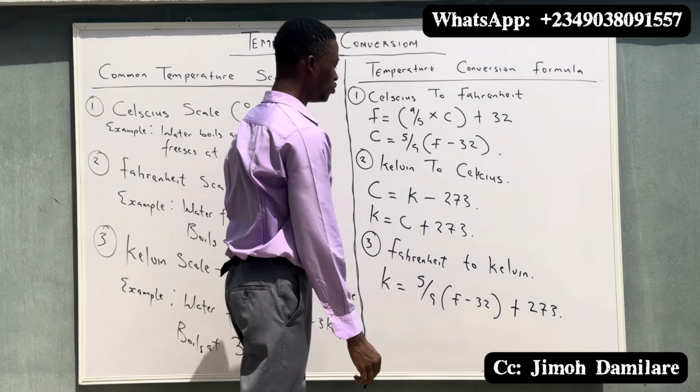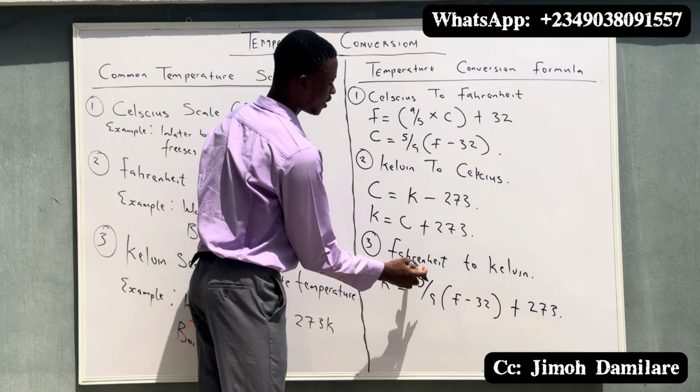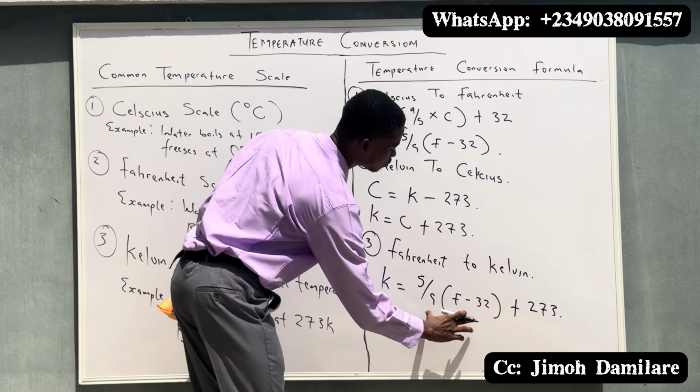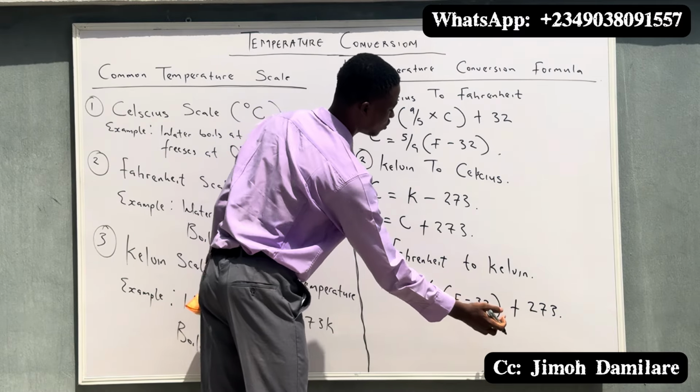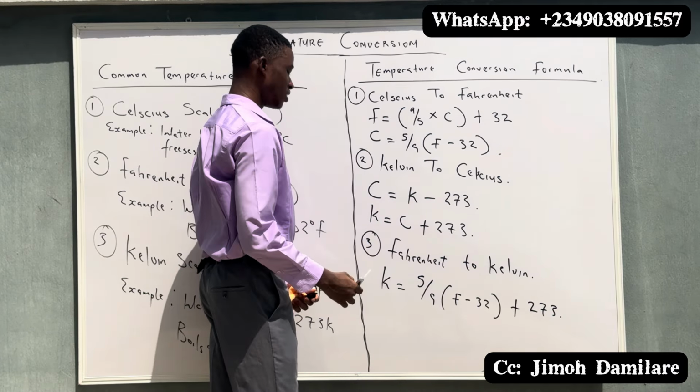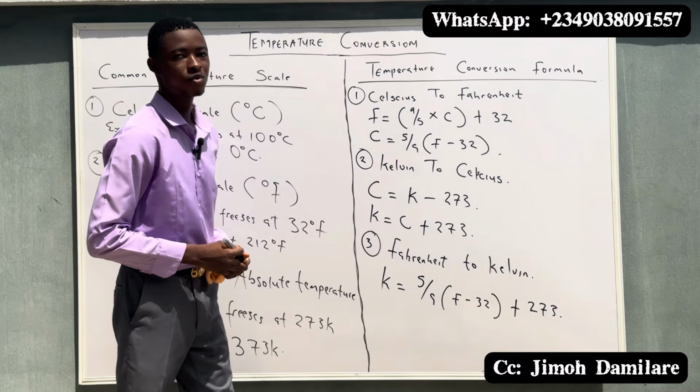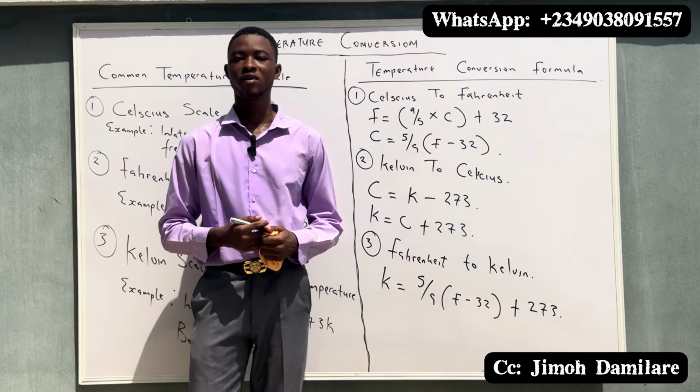So this is the formula you use whenever you want to calculate Fahrenheit to Kelvin. You first get degrees Celsius, and you now add 273. So let's look at some examples under this temperature conversion.